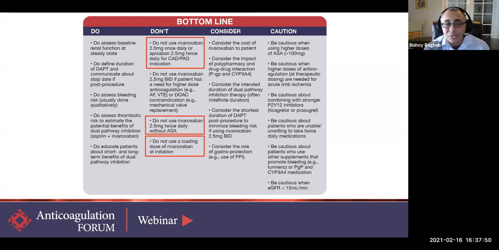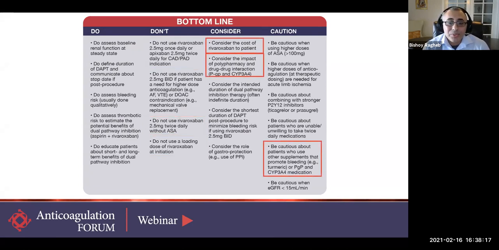The other thing is, be sure that if you're going to use rivaroxaban, you do use it with aspirin. Do not use the rivaroxaban 2.5 milligrams BID without the use of aspirin. And lastly, we want to be sure that we don't pursue a loading dose or a lead-in dose of rivaroxaban at initiation. Once again, stick with the 2.5 milligrams BID of rivaroxaban plus the aspirin.